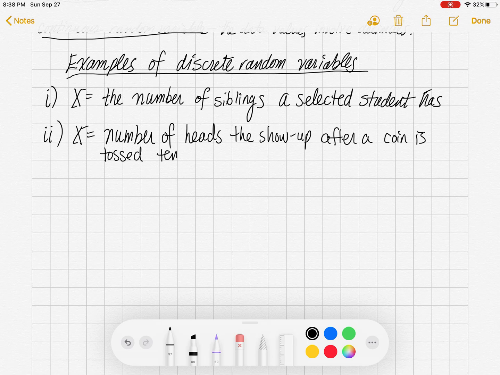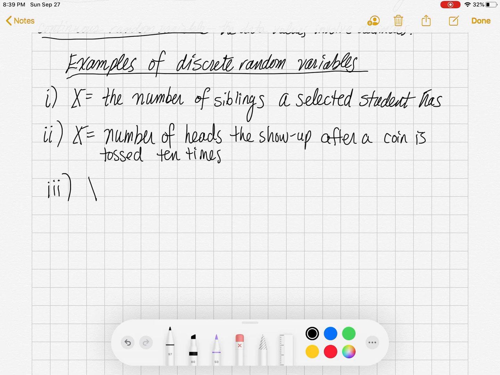If I toss a coin 10 times, I could get 0 heads, so X could be 0. I could get 1 head, so X could be 1. I could get 2 heads, so X could be 2, all the way to X equal to 10. That's the most X could be, because we could have 10 heads on 10 tosses. So in this case, X is your discrete random variable. Its values depend on chance, and they're whole numbers.